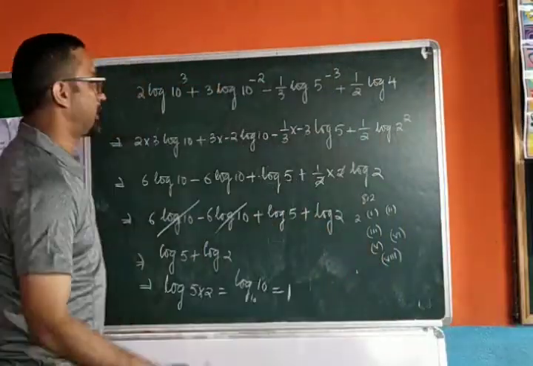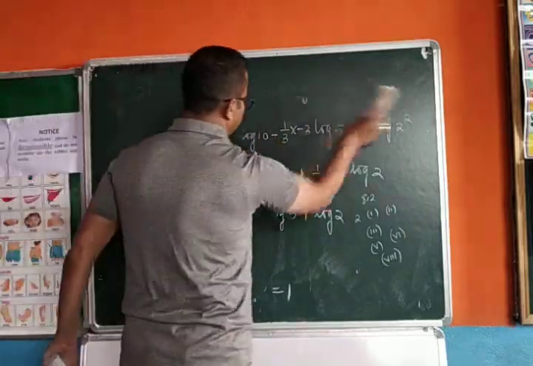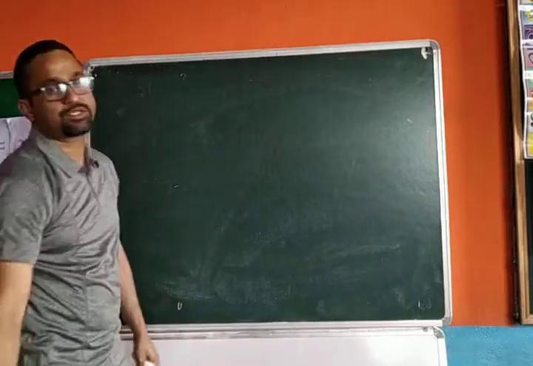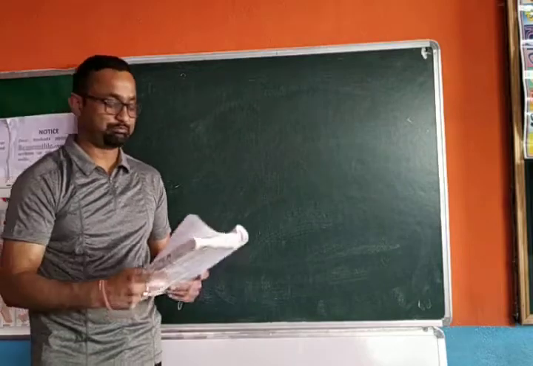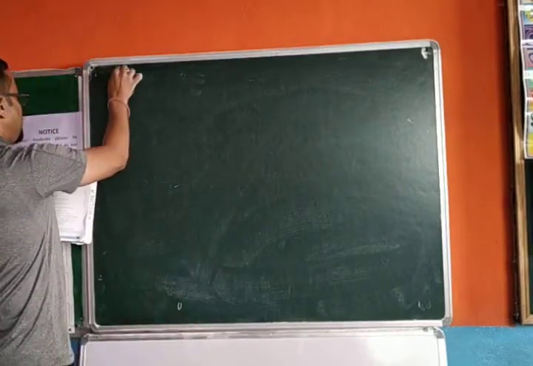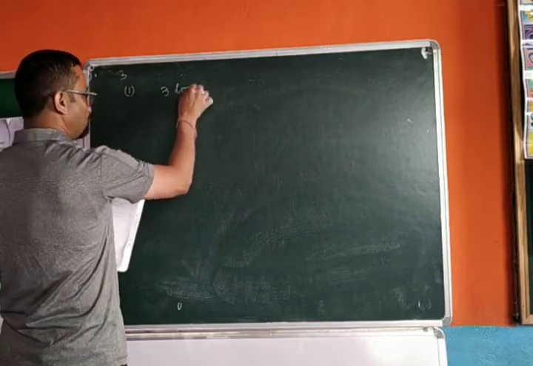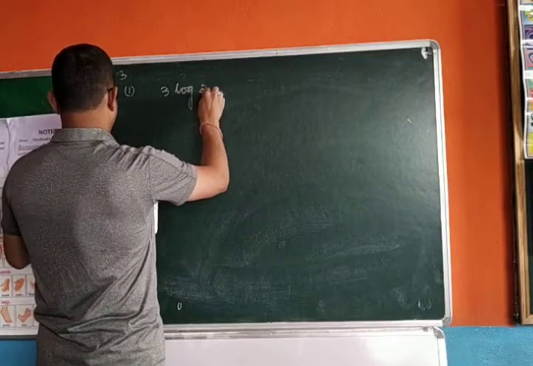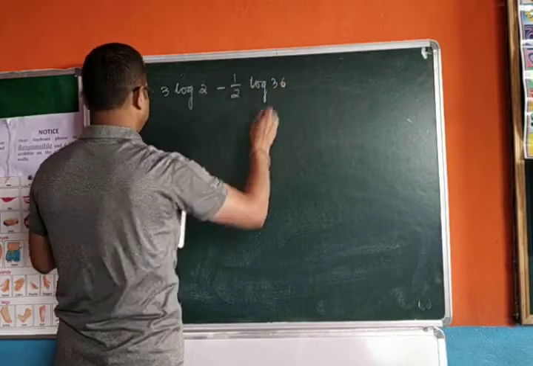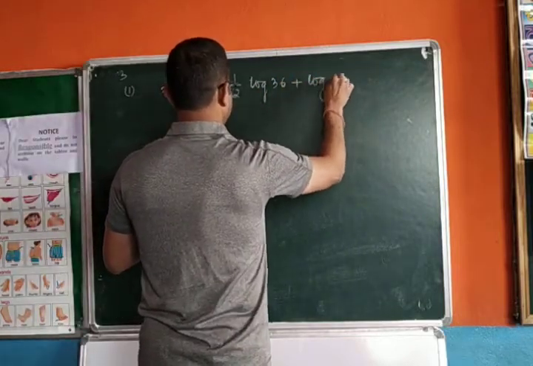Now look at the third sum. Question says express the following as a single logarithm. Question number 3.1. I'm changing the sum. 3 log 2 minus 1 upon 2 log 36 plus log 6.